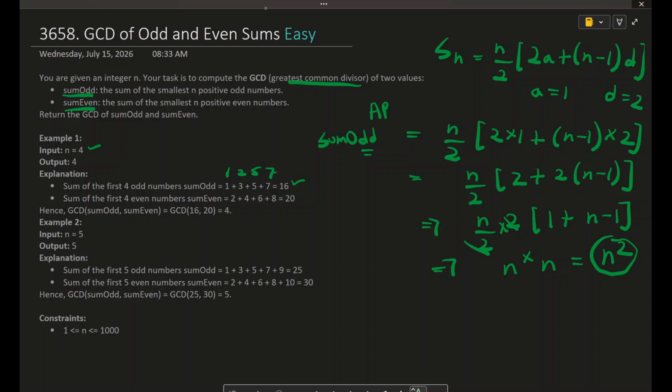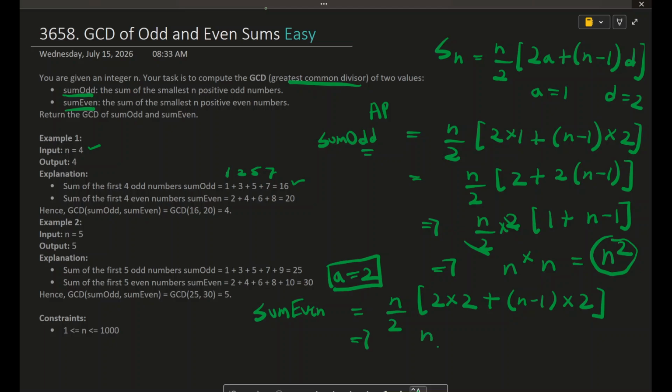Similarly, we can find sum even. For even numbers, d will be the same, but a will start from 2, because the first even number is 2. Similarly, we can solve n by 2 times (2 into 2 plus (n minus 1) into 2).